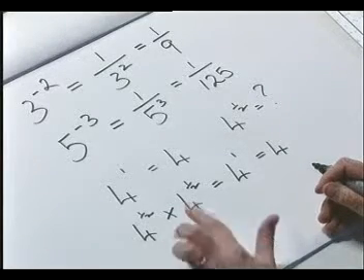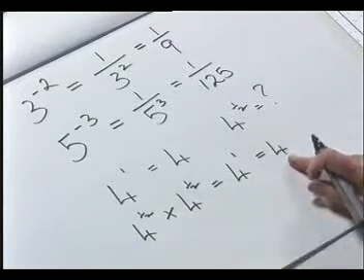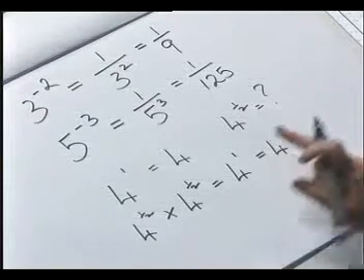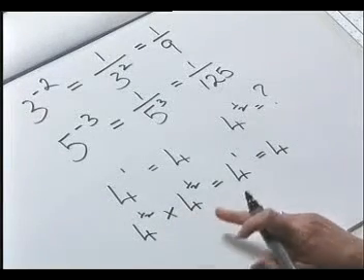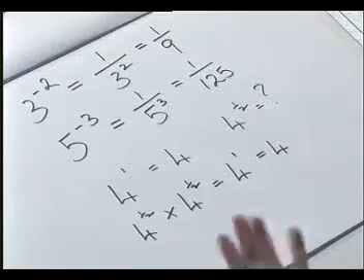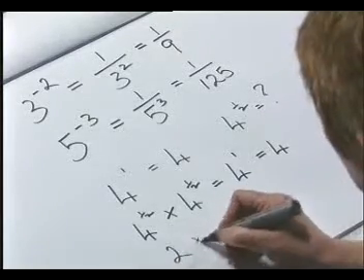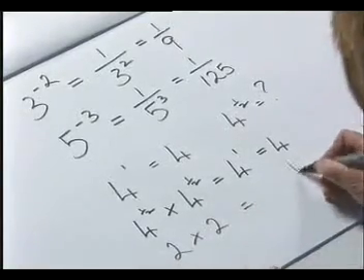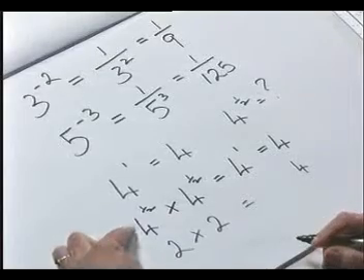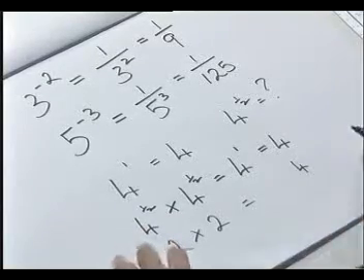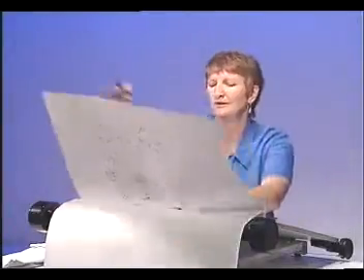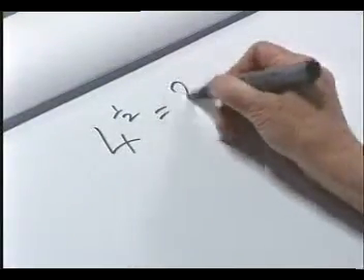So 4 to the half times 4 to the half equals 4. That means that it's something times itself equals 4. Well, we know that. It's obvious. It's 2. 2 times 2 equals 4. So 4 to the half is equal to 2.